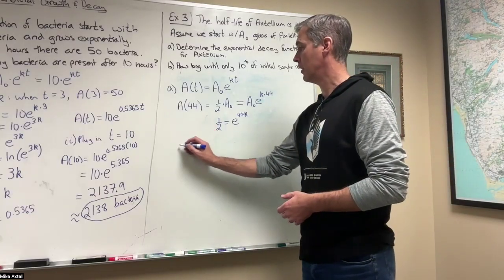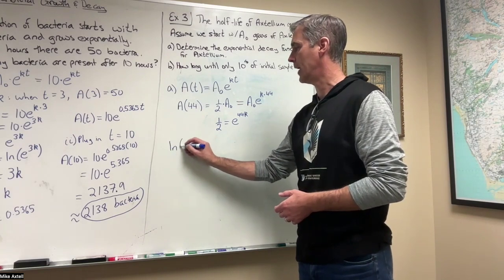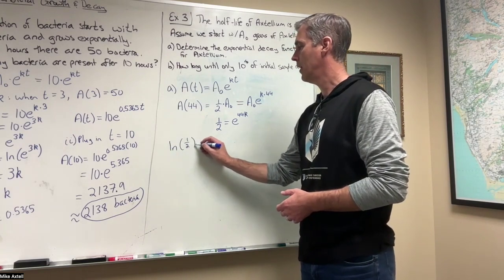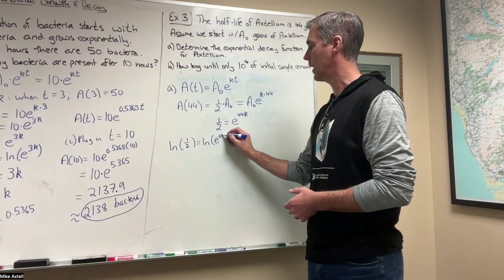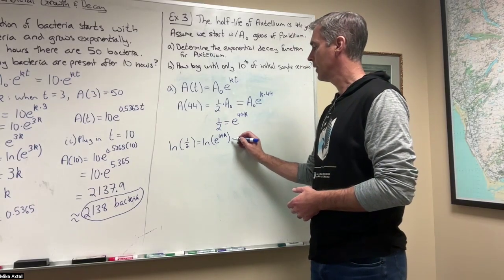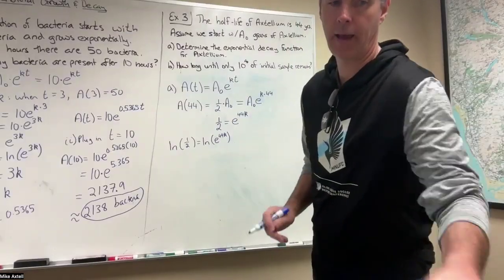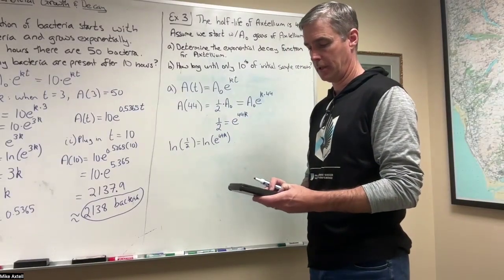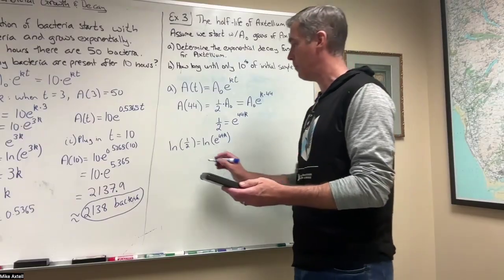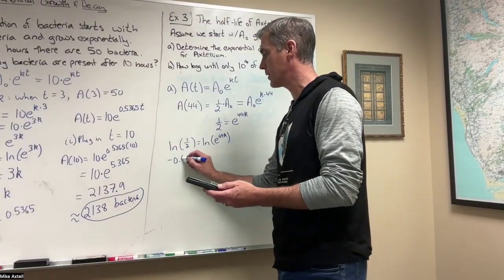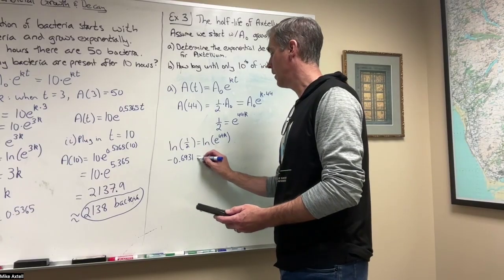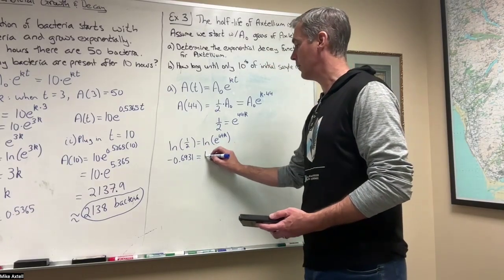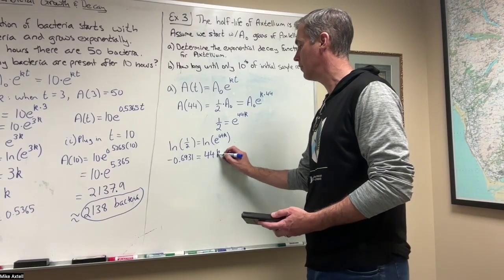I'm going to take the natural log of 1/2, and that's going to equal the natural log of the other side, e to the 44k. And the natural log of 1/2, ln 0.5, is minus 0.6931. ln dissolves the e, and I'm left with 44k.